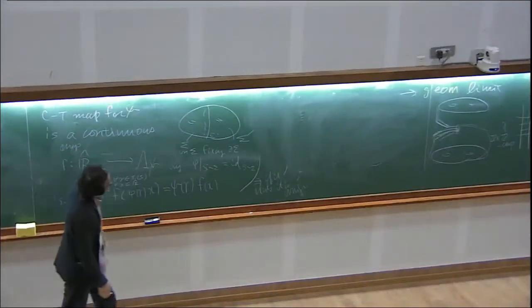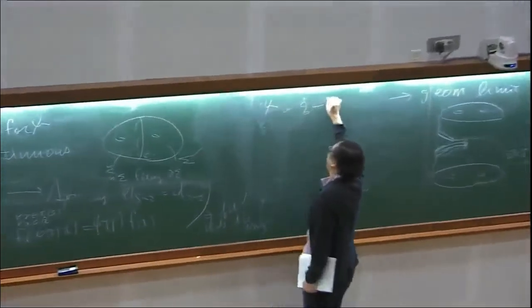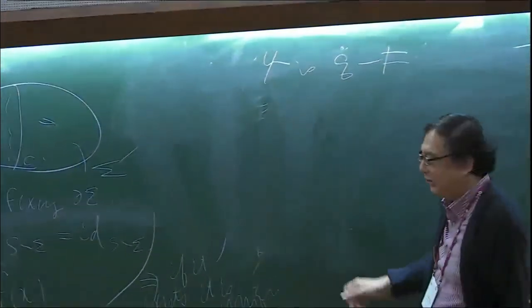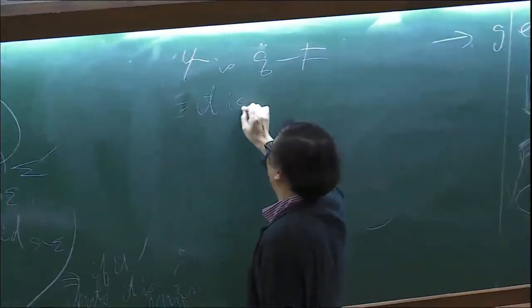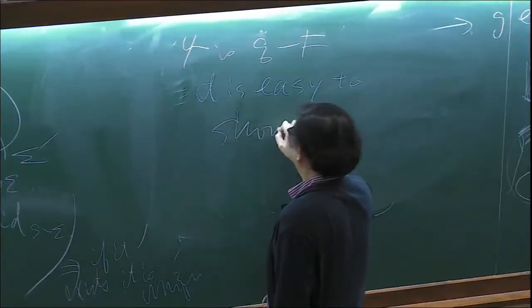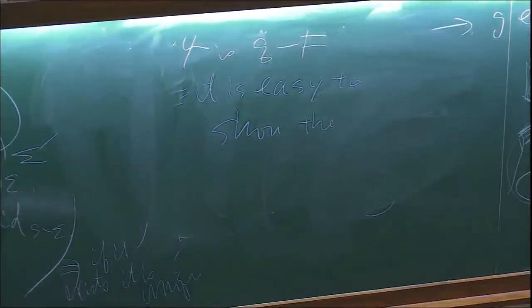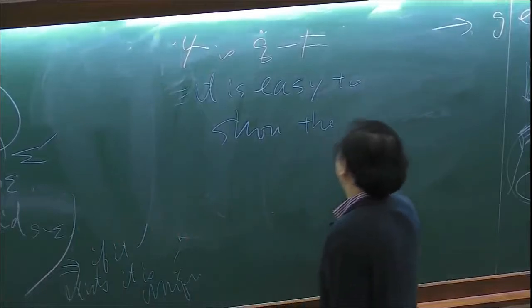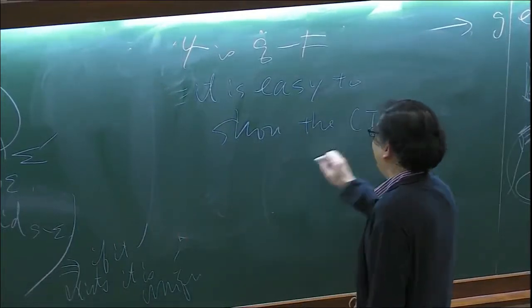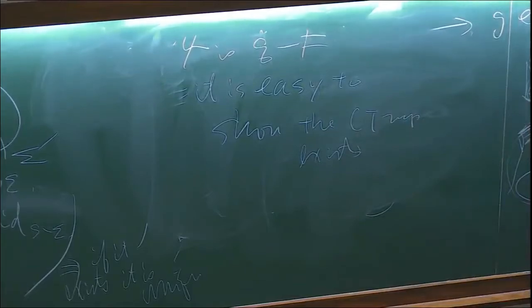So when psi is quasi-Fuchsian, it's easy to show that the Cannon-Thurston map exists.